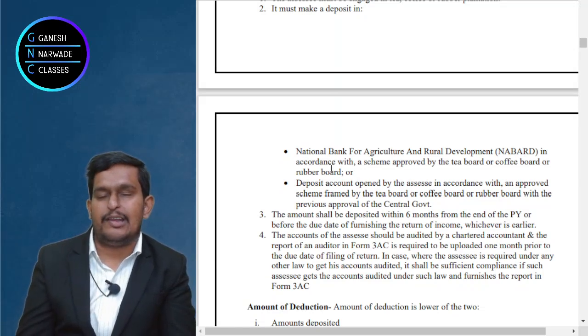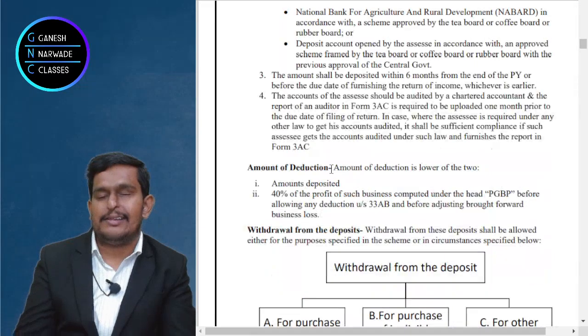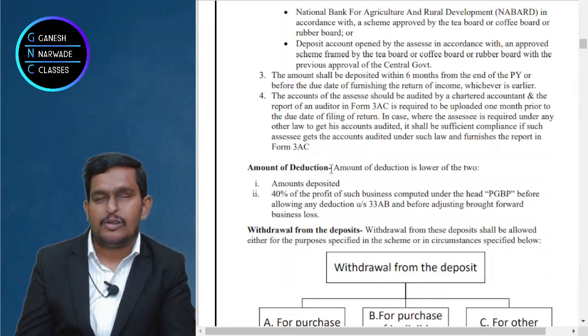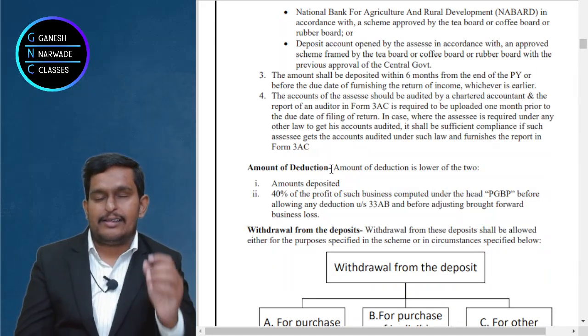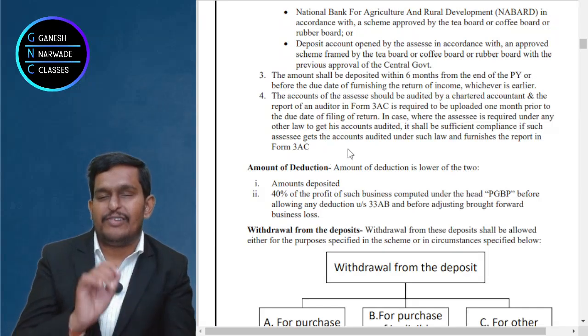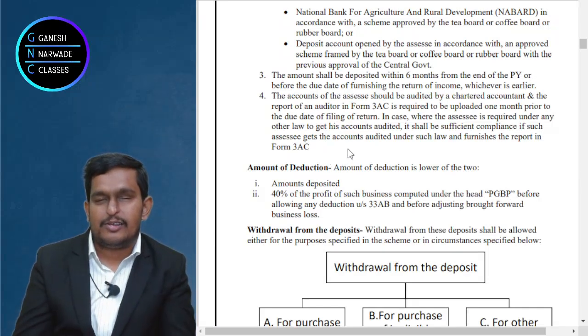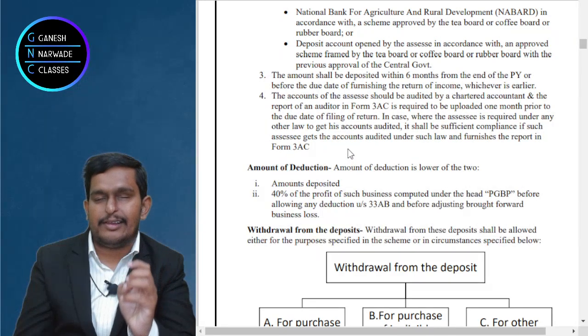For an individual assessee it is 31st July, for a company assessee it is 31st October. So write down the dates: September 30th or the due date of filing returns, whichever is earlier, you should deposit the money by that time.